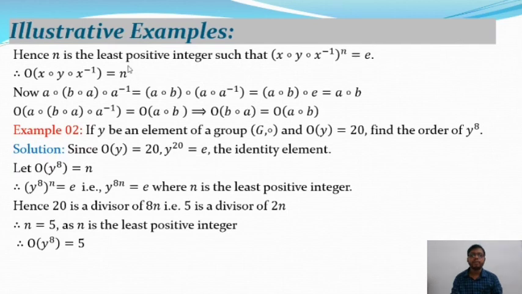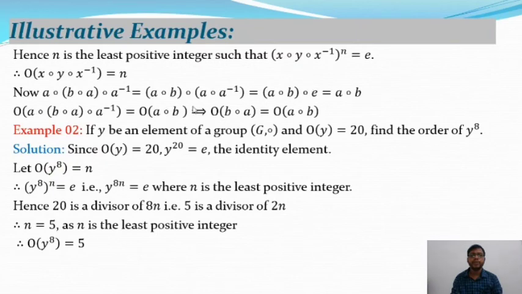Okay, so after that we'll take the second part of the above example: A composition B composition A inverse. In that case y is equal to, say, B composition A. So A composition B composition A inverse, after applying the associative property, is A composition B composition A composition A inverse.